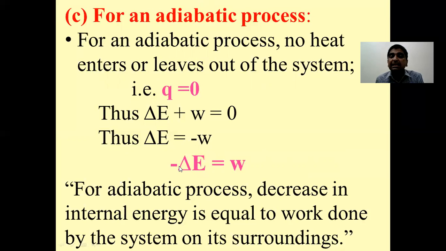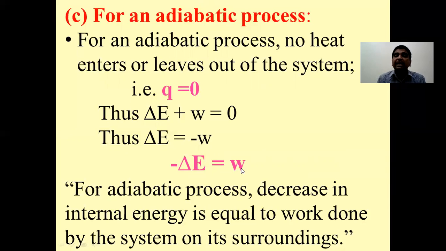Minus sign means decrease or loss, and plus sign means gain of energy. So for adiabatic process, decrease in internal energy is equal to the work done by the system on its surrounding.